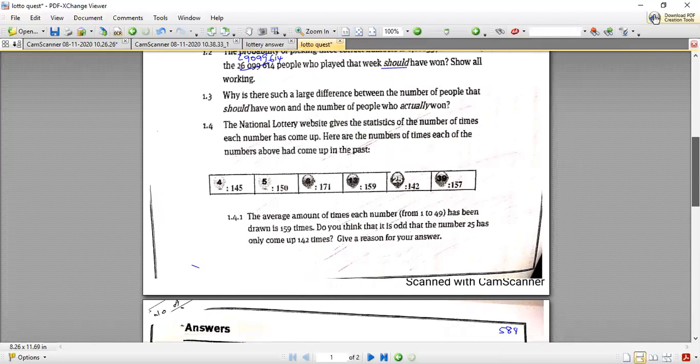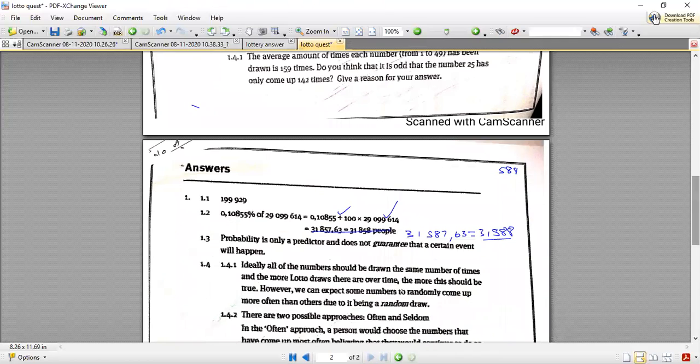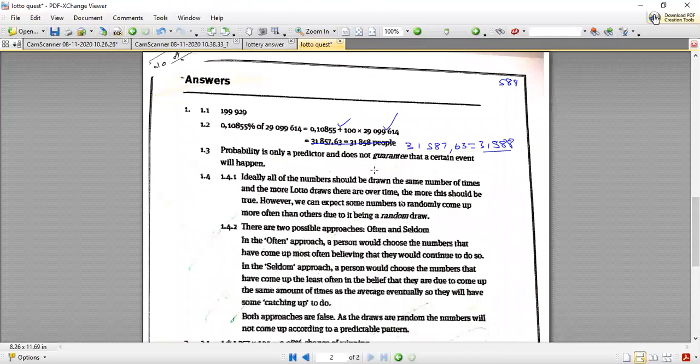And it showed that more people won than was predicted. So the answer says that the probability is only a predictor and does not guarantee that a certain event will happen. So in this case, it worked out better because more people won compared to the prediction.